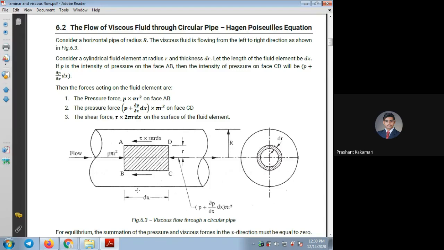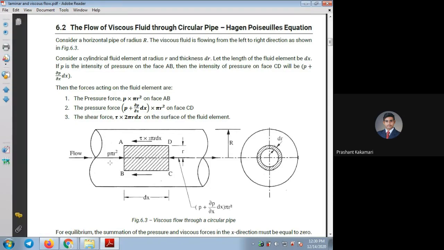So we are considering the added pressure, that is P plus the partial derivative of P with respect to x, into dx, which is the small change in pressure at a distance dx, into the cross-section area of the ring, pi r square.